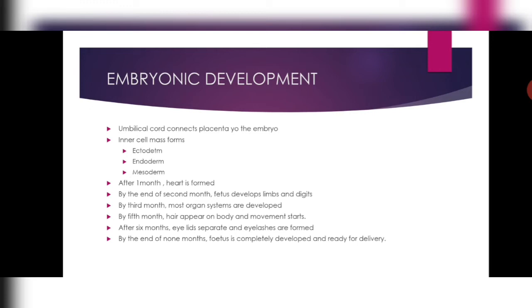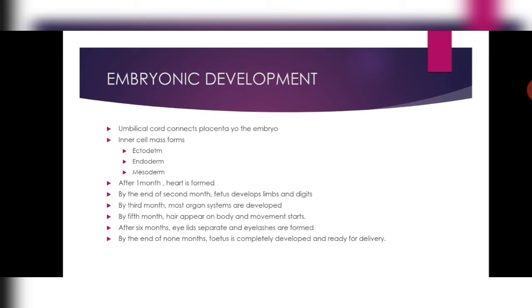After 1 month, the heart of the fetus is formed and by the end of the second month, fetus develops limbs and digits. There are arms and there are legs and there are digits, fingers are present there. By the end of the third month, most of the organ systems have already been developed.